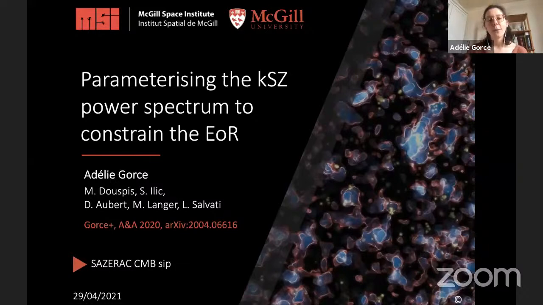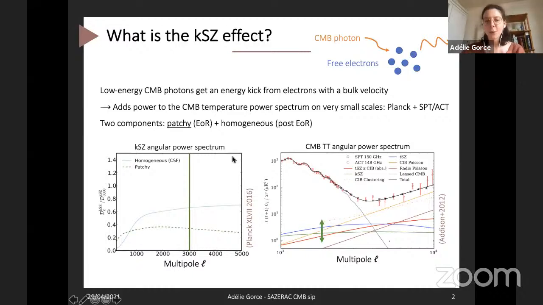In our work, we tried to find a way to analytically compute the KZ from a few parameters that are related to the epoch of reionization, and not only the global history, but also its morphology. So, starting quickly with the KZ effect. We've had a few talks about it already, but what we're interested in today is the power spectrum.